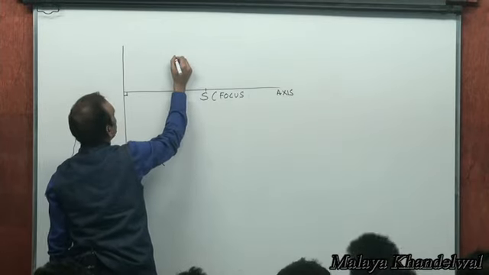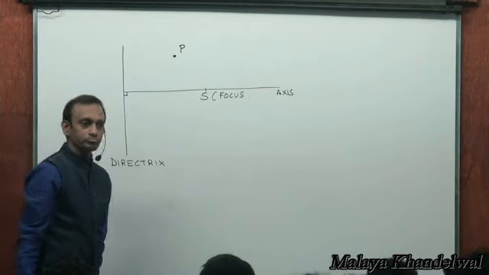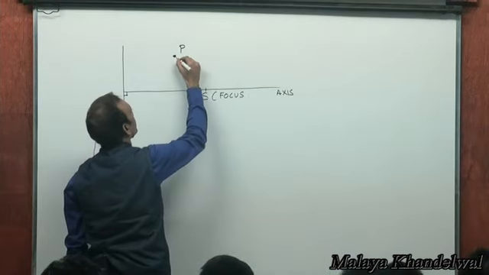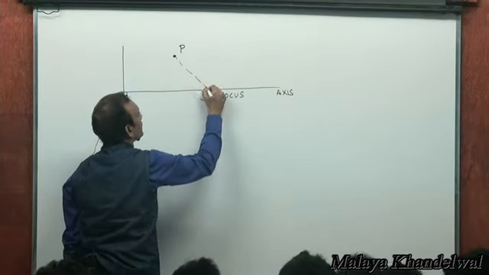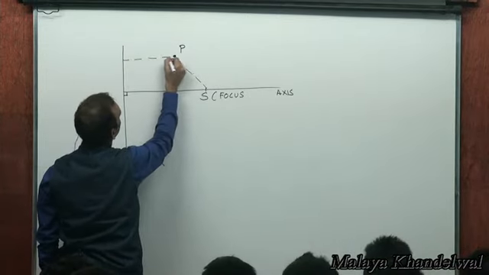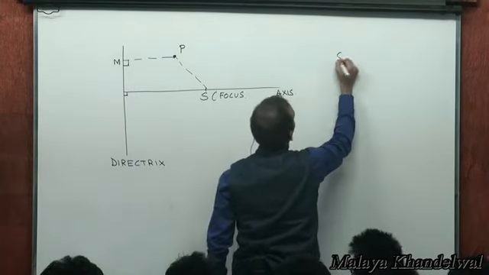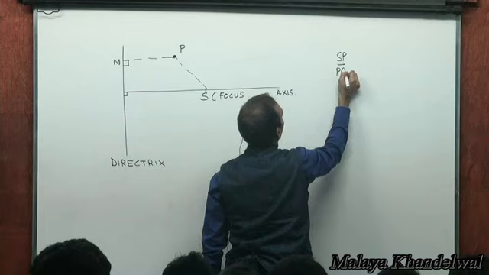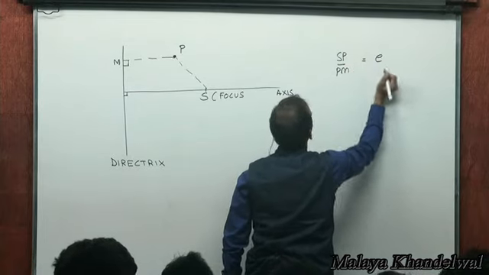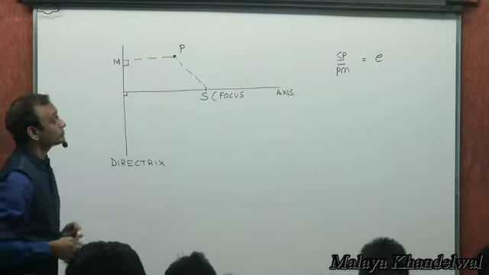The moving point P, let's say at a certain instant, is somewhere here, where its ratio of its distance from the fixed point S to fixed line L, SP by PM, is E, the eccentricity of the conic section.